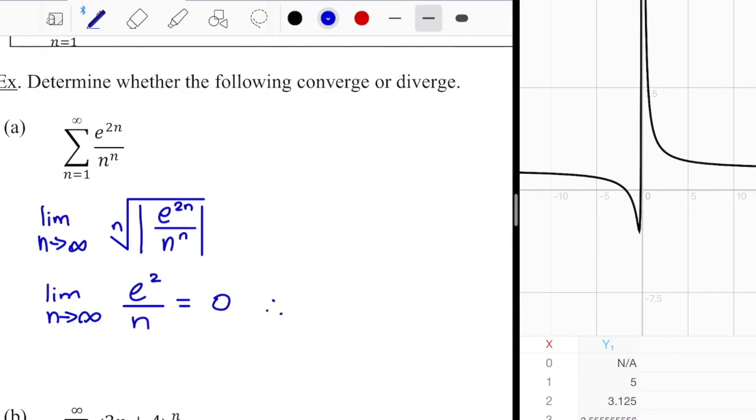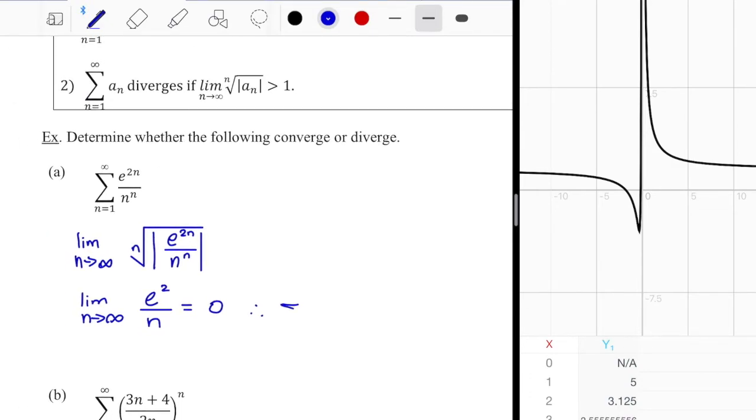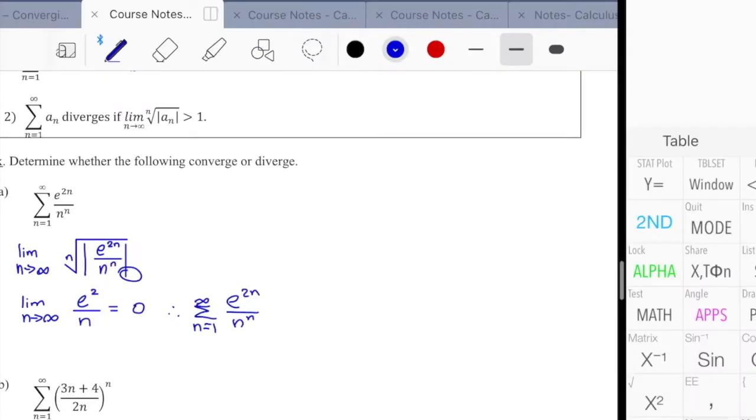And so therefore the sum from n equals 1 to infinity of e to the 2n over n to the nth converges by the root test, which I abbreviate as ROT.